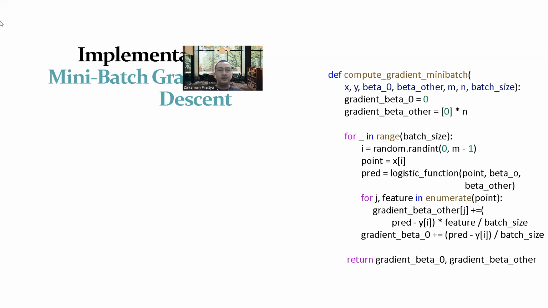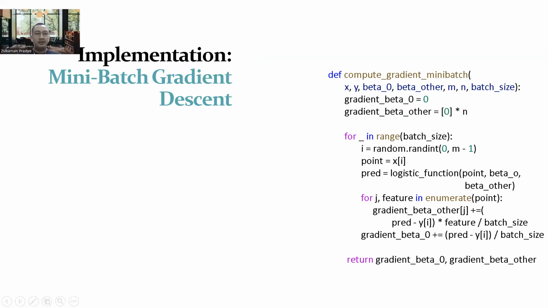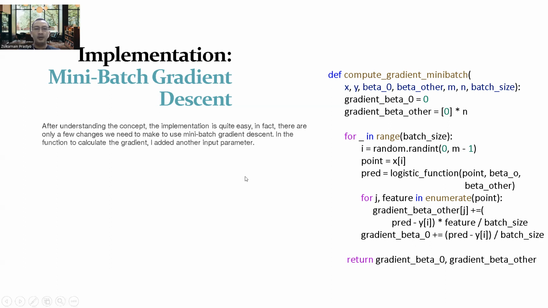Okay, to implement mini batch gradient descent, I have to create the compute gradient mini batch function for this project. After understanding the concept, the implementation is quite easy.